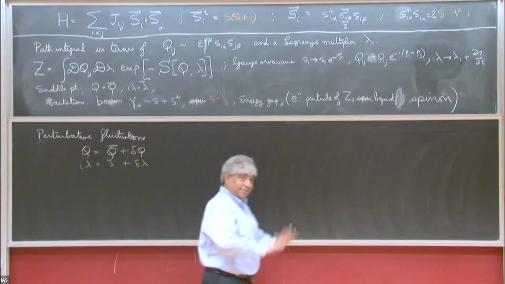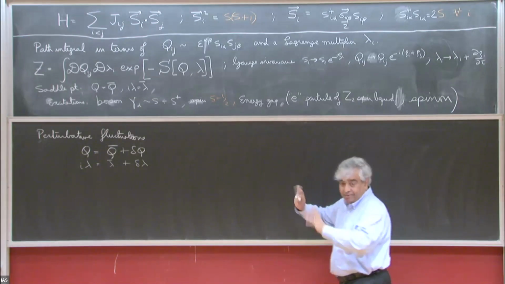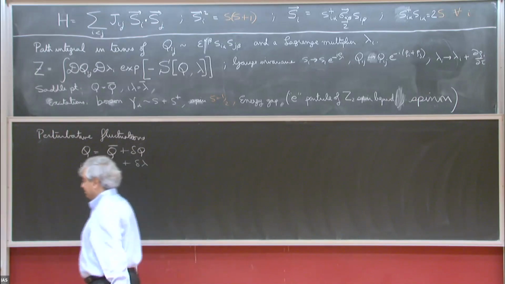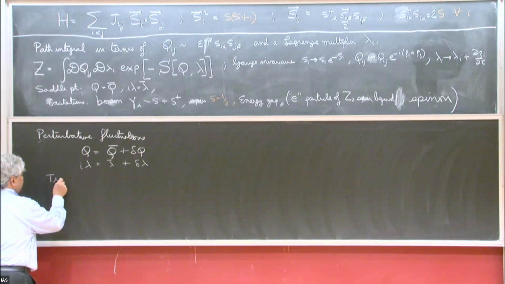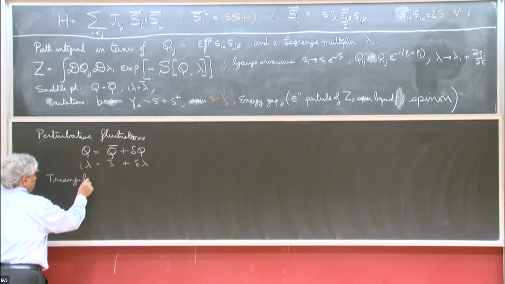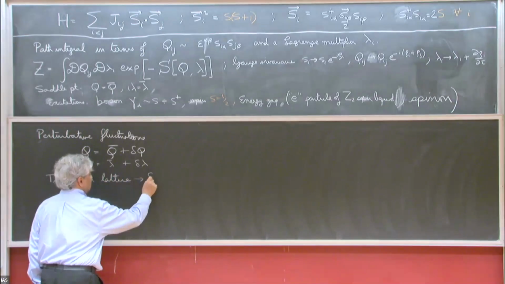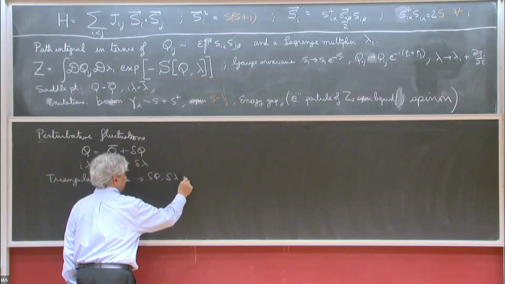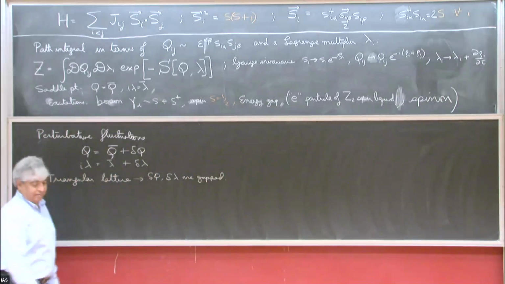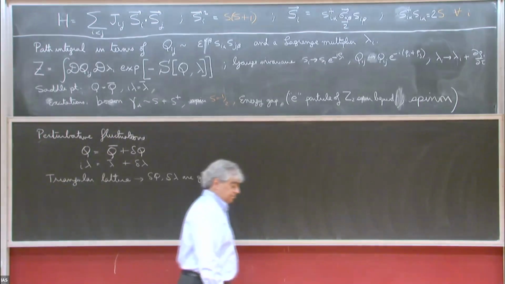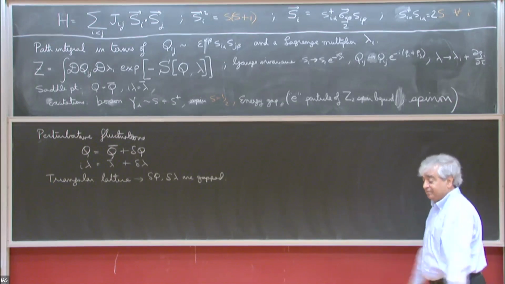Okay, so we looked at that last time towards the end of last lecture. That's already a complicated task, but we gave rather general arguments that on certain lattices, in particular on the triangle lattice, these fluctuations are also gapped. So they don't give you any new very low energy excitations.